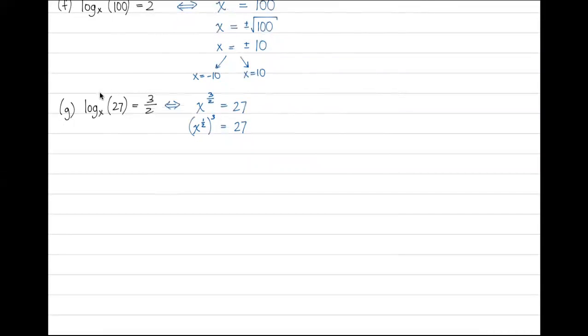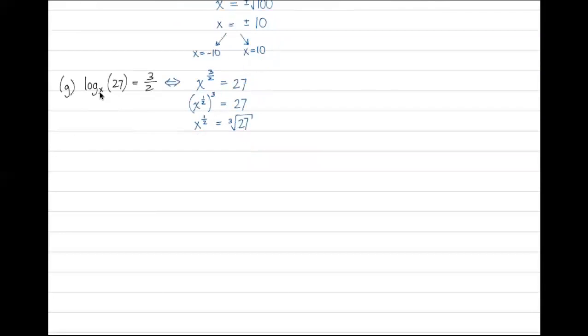The cube root cancels the cube on this side, and I'll have the cube root of 27. Remember, I'm asking myself, what number multiplied by itself 3 times gives me 27? The answer is 3, because 3 times 3 times 3, which is 3 cubed, is equal to 27.